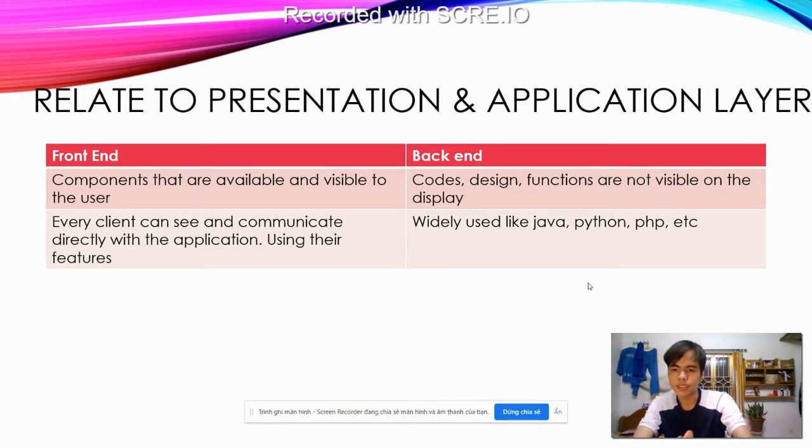Every client can see and communicate directly with the application using its features. The backend codes, design, and functions are not visible on the display, widely used ones like Java, Python, PHP, etc.